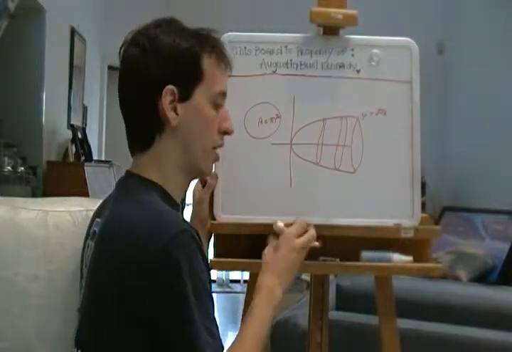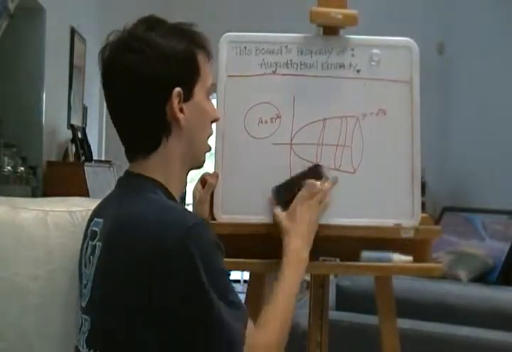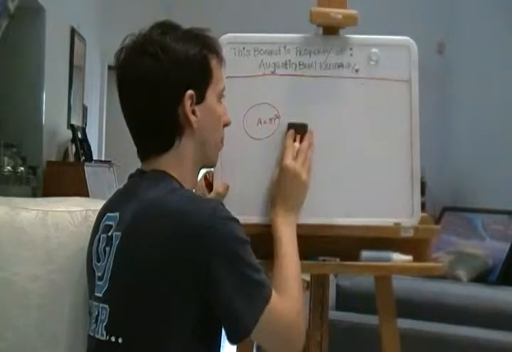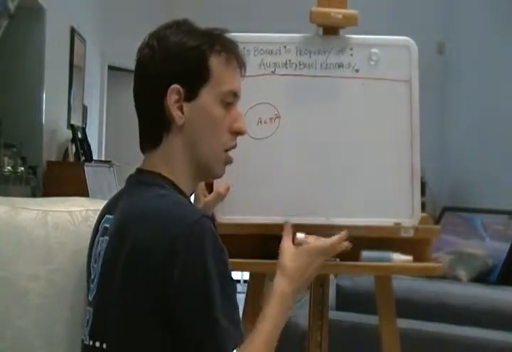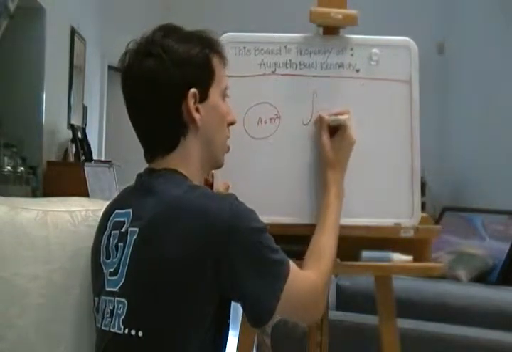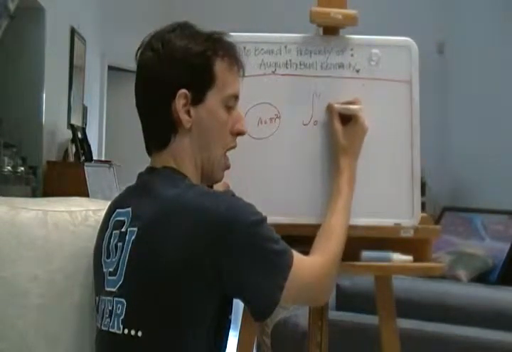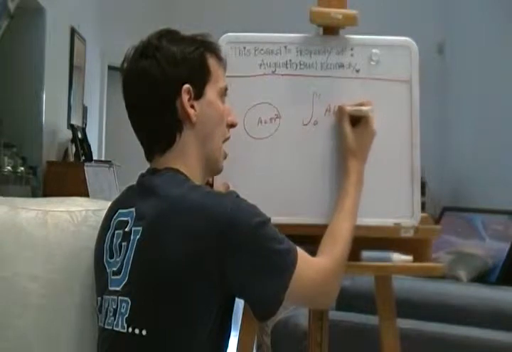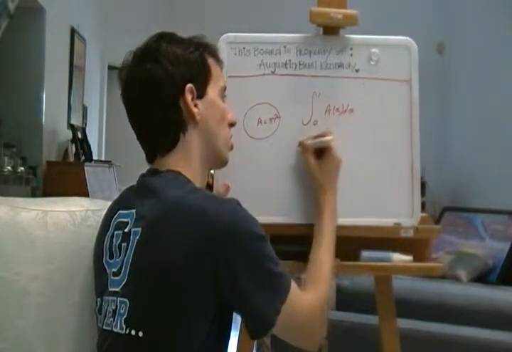So we know then that the integral is going to be between 0 and 1 of A(x) dx.